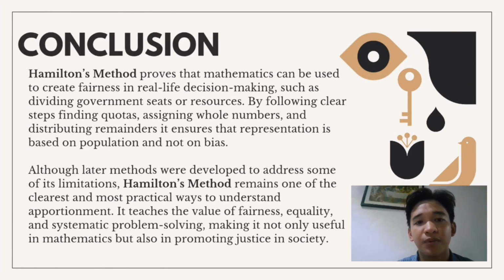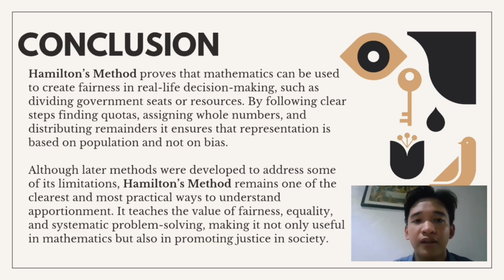Hamilton's method proves that mathematics can be used to create fairness in real-life decision-making, such as dividing government seats or resources by following clear steps: finding quotas, assigning whole numbers, and serving remainders. It ensures that representation is based on population and not on bias.